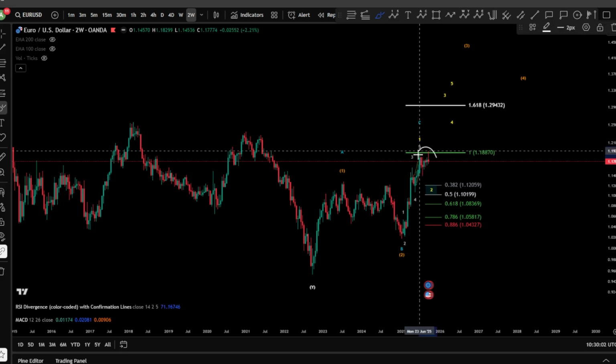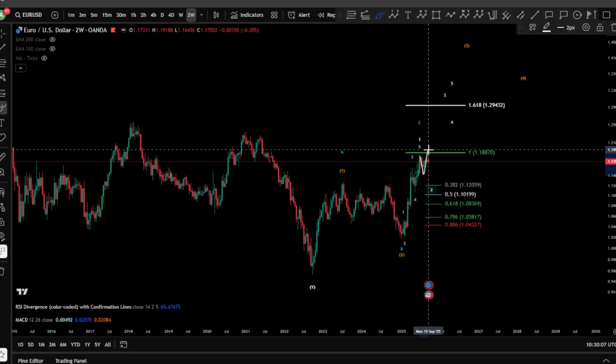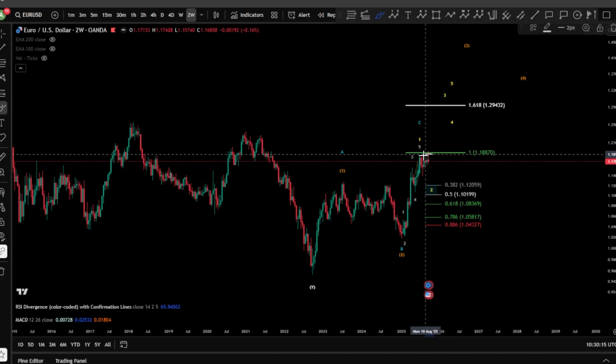And there can be several scenarios here, but basically the main one is an ABC expanding flat, because we saw the wave B getting a new high here and then starting the move towards the downside again, rejection.